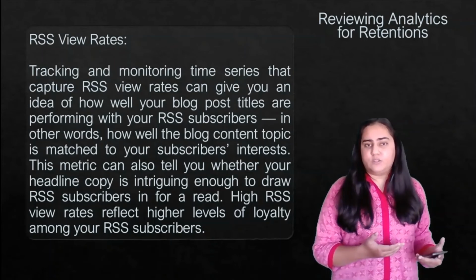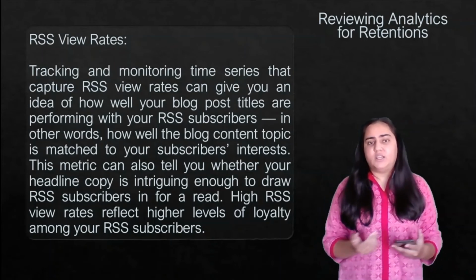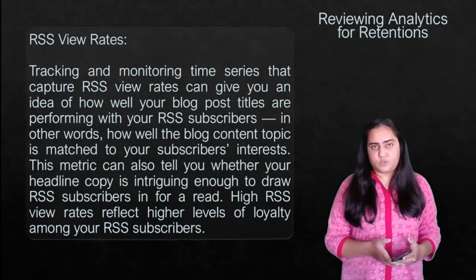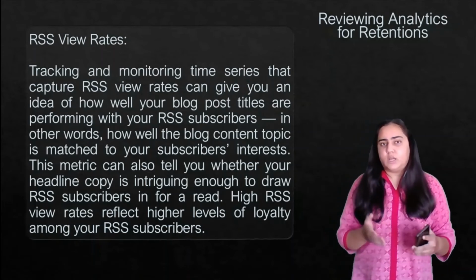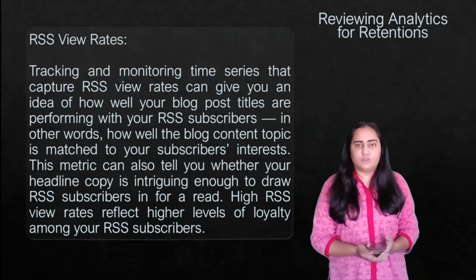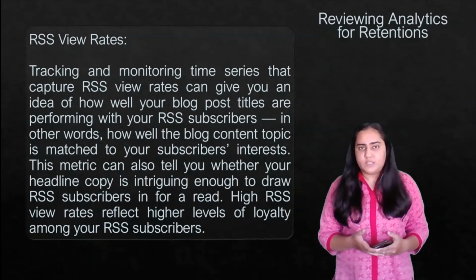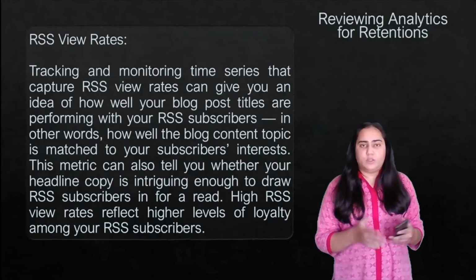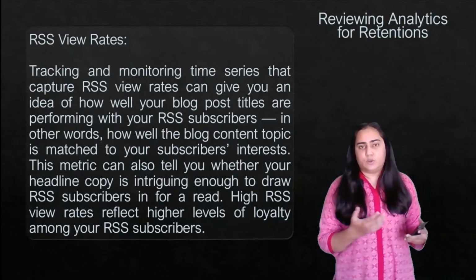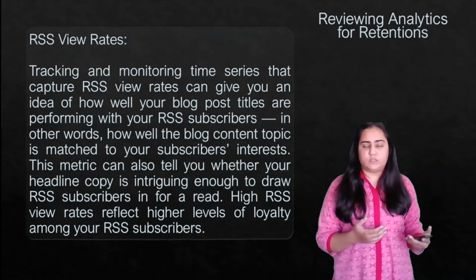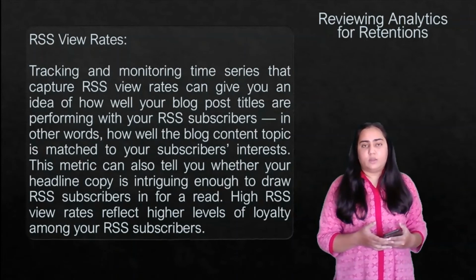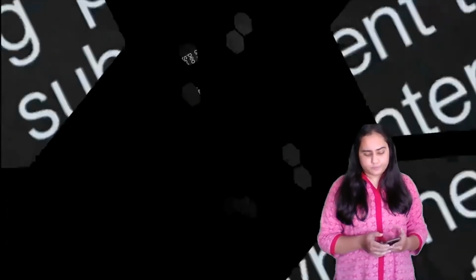And high RSS view rates always reflect high levels of loyalty among your RSS subscribers. So this is RSS view rates. And if you track and monitor how your blog posts are doing, then you can understand whether your strategy over there is good or not, whether the blogs that you're posting and the headlines that you have are good or not.